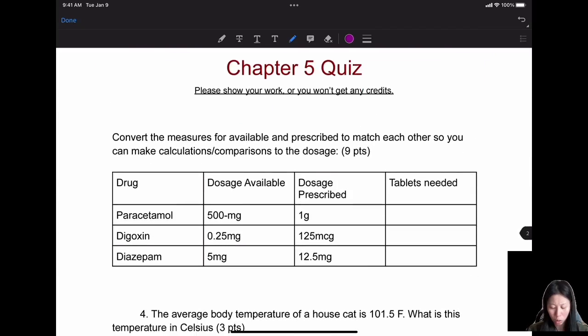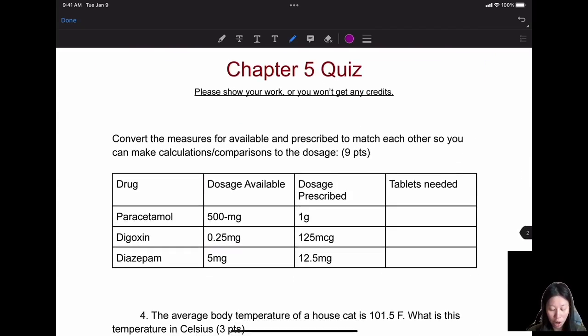Okay, so next one. So there are 3 medicines, and each tablet, the dosage available is 500 milligrams. For this one, paracetamol, the prescribed dose is 1 gram. So now you need to convert it. 1 gram equals what? 1000 milligrams, right?